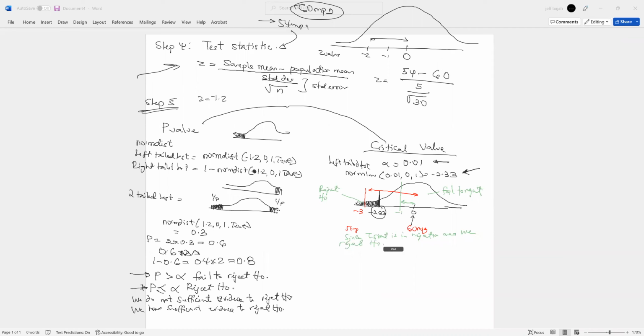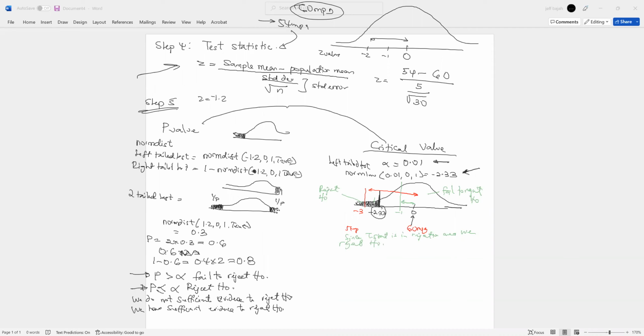That's if we had -3. But if we had -1, we'll say that since the test stat is in the fail to reject area, we fail to reject. So you can see that the critical value has created a boundary for us to know how far we have gone to either reject or fail to reject.